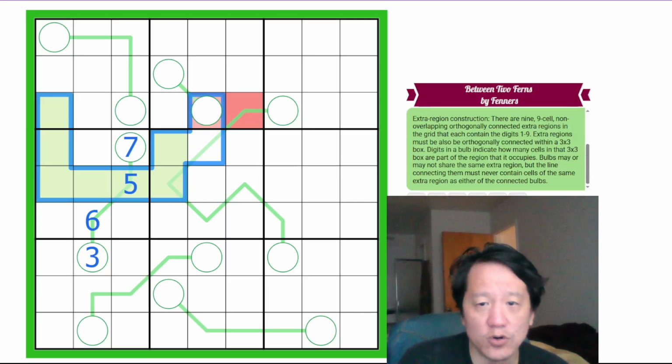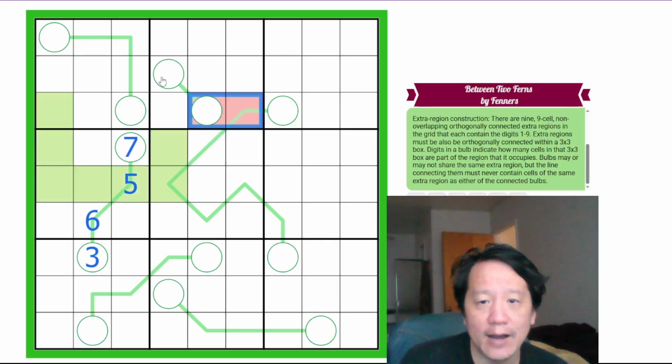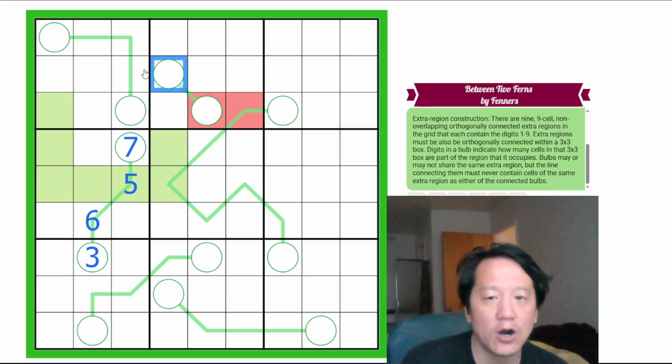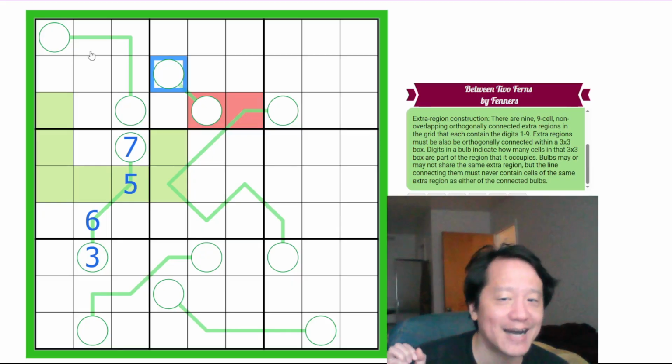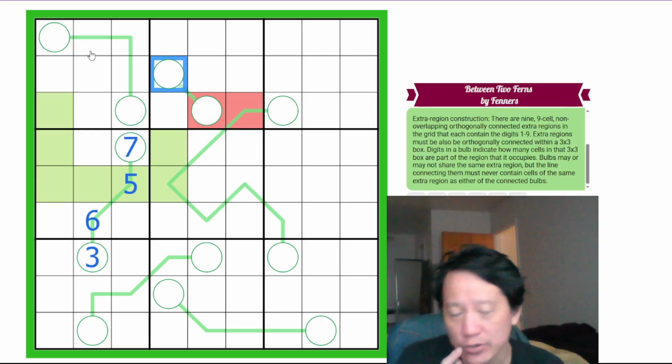Digits in a bulb indicate how many cells in that 3 by 3 box are part of the region that it occupies. Bulbs may or may not share the same extra region, but the line connecting them must never contain cells of the same extra region as either of the connected bulbs.